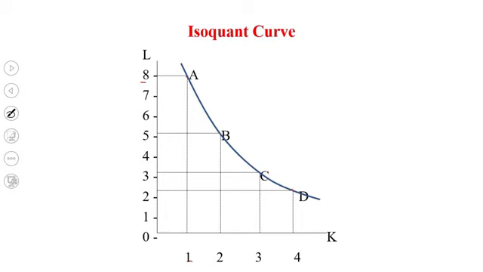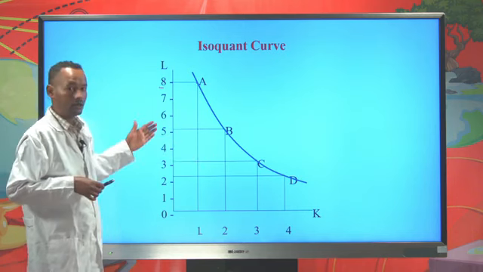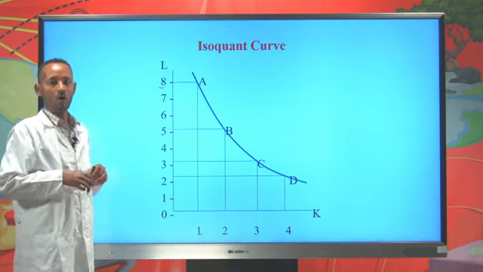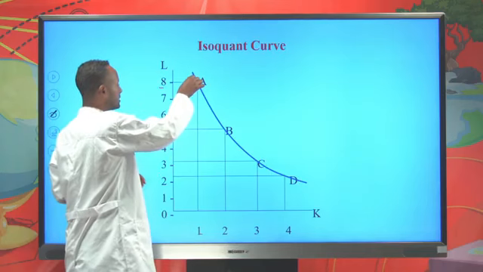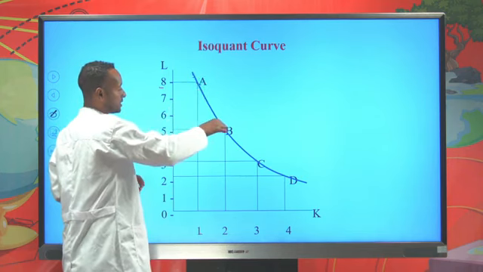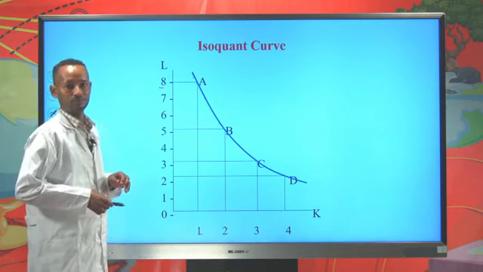So this isoquant curve shows the various combinations of the two variable inputs, labor and capital, that give the producer an equal level of output. Any point on the isoquant represents an equal level of output. If the output is 60 quintal at this point, it is 60 at this point, at this point, and again at this point.